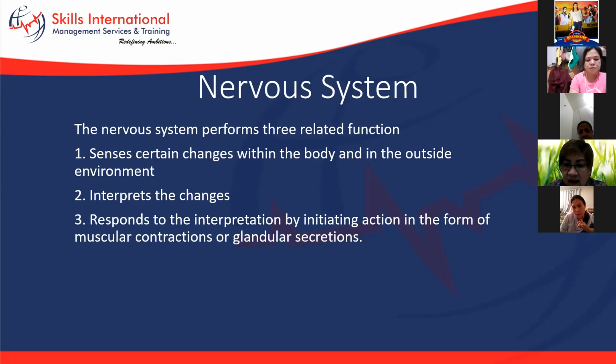Once the nervous system senses a feeling of tiredness in the muscles, it contracts. Or whenever there is excess production of secretions, it is also sensed by our nervous system. So these are the functions of the nervous system.